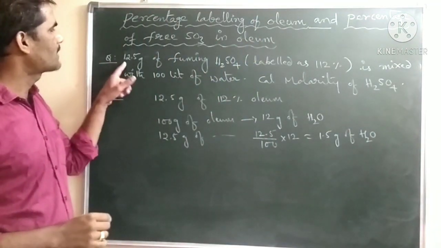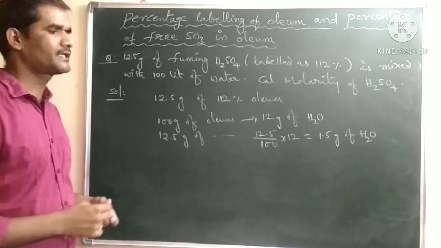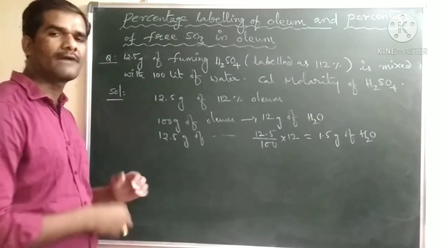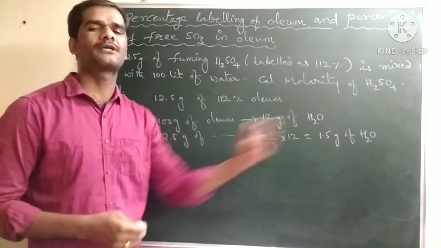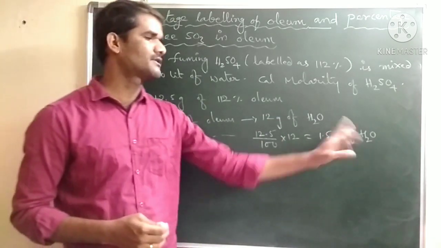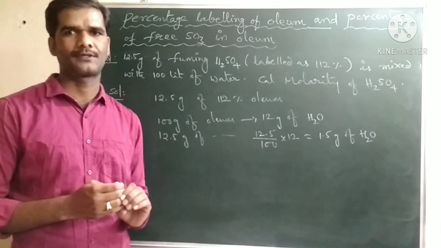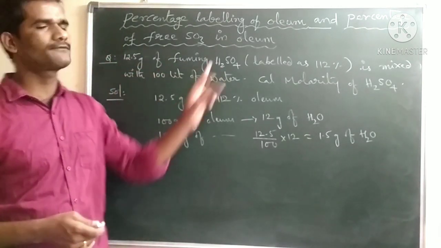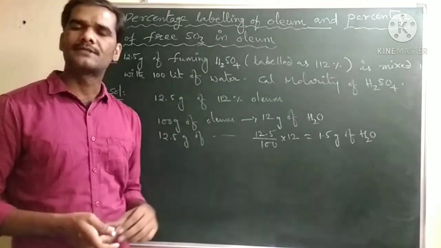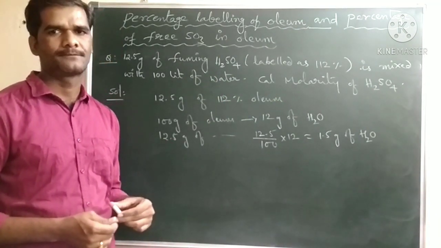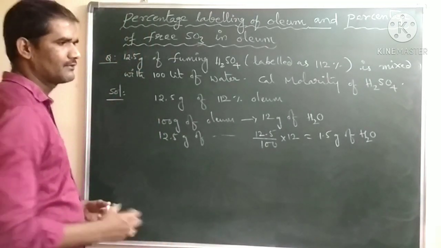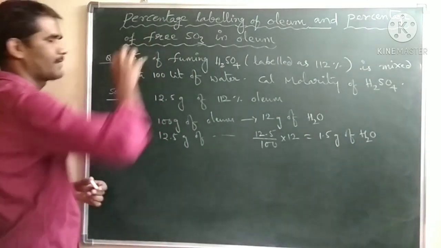So for 12.5 grams of fuming sulfuric acid, we have to add 1.5 grams of water. Why? Because the available free SO3 is that much only. Only 1.5 grams of water can react with available SO3 in the 12.5 grams of 112% labeling oleum sample. Now what is the resultant H2SO4 produced whenever we add 1.5 grams to the 12.5 grams?